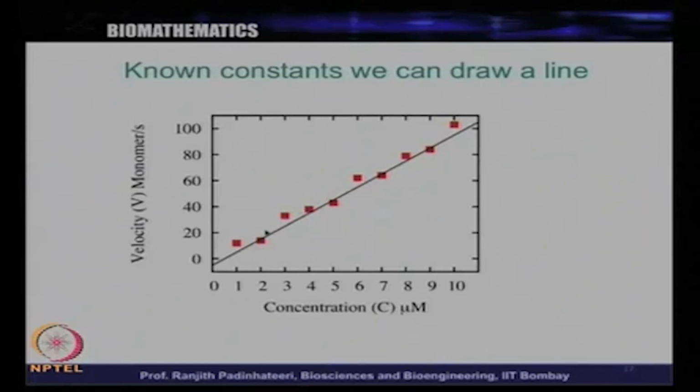Some particular values of K0 and Kd will be the best fit, because the total deviation between the experimental data and the theoretical fit data is minimal. So we minimize this deviation so that we get the best fit. Knowing the constants, we can draw a line.